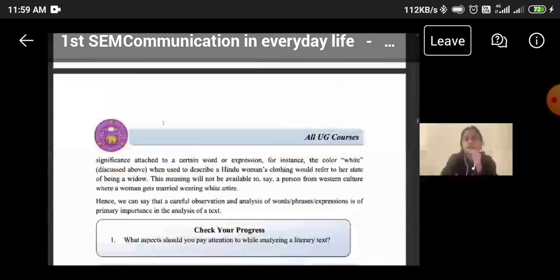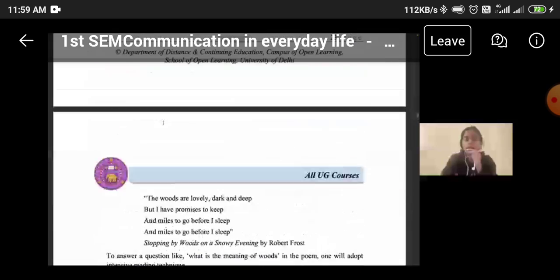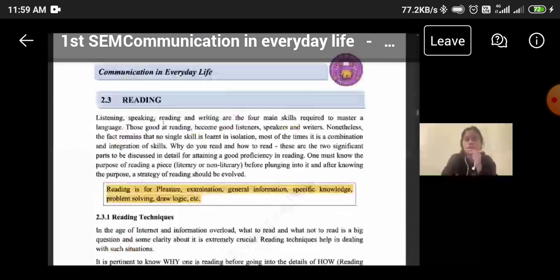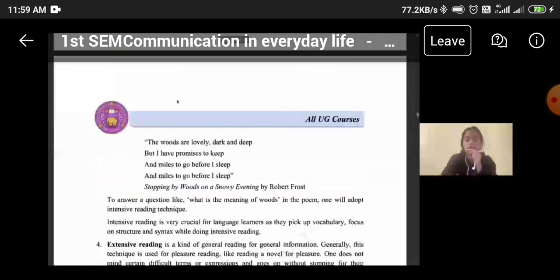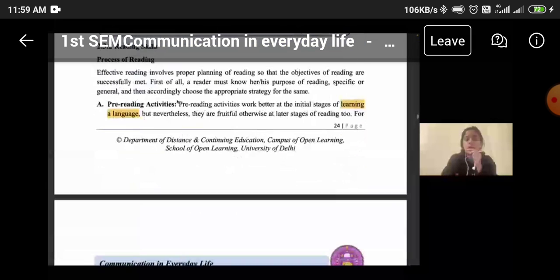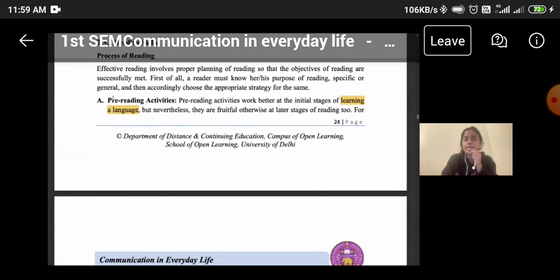It is pre-reading activities. What are the pre-reading activities? It is the first and foremost stage, also known as the initial stage, which is where we are learning the language.